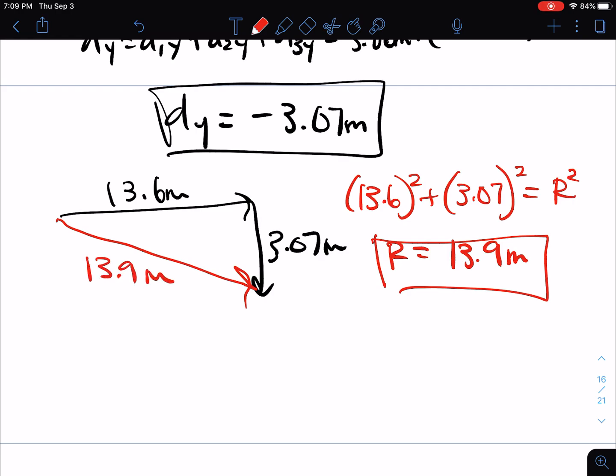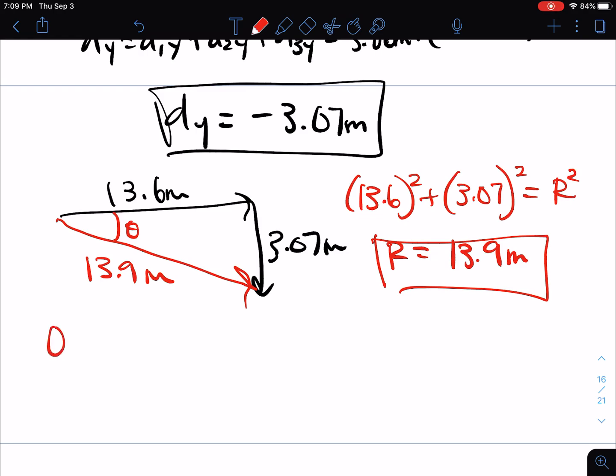So that is our resultant vector. Now we also want to find the angle because we want to find the direction. Now you can use any of the trigonometry, sine, cosine, tangent. I'm going to use tangent just because we got the two x and y components.